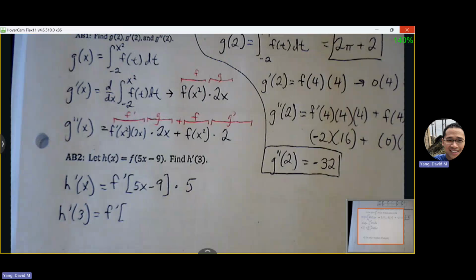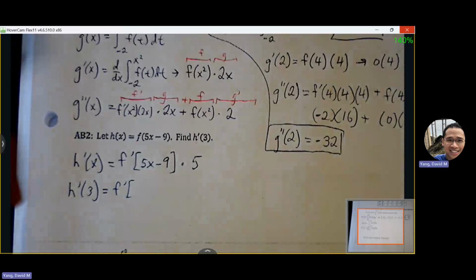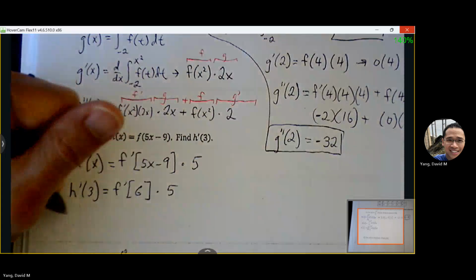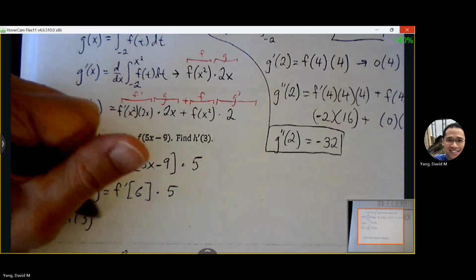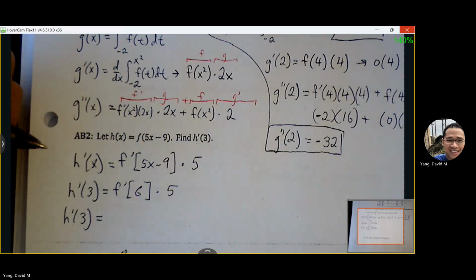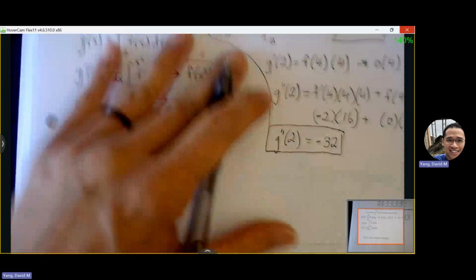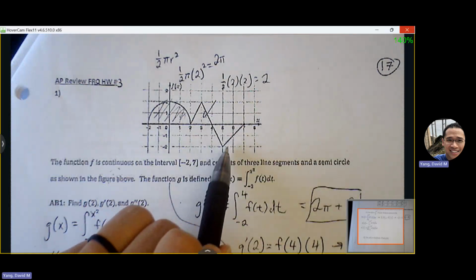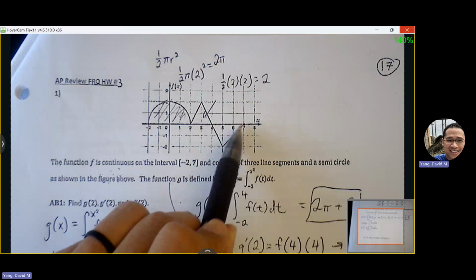Now we can plug in the 3. 15 minus 9 is 6. F prime of 6, we go to our graph. That's the slope of this line segment, which is 1, up 1 over 1.